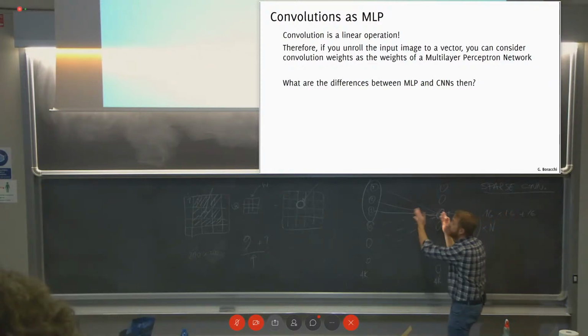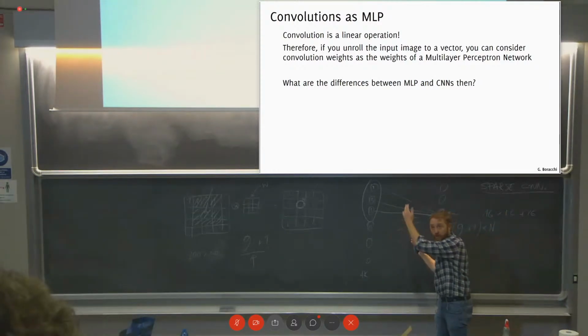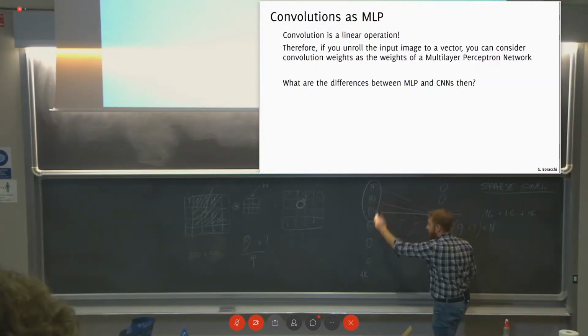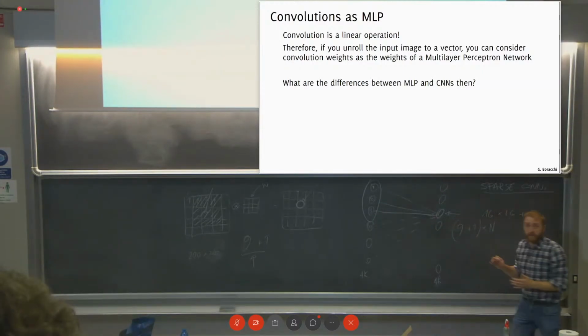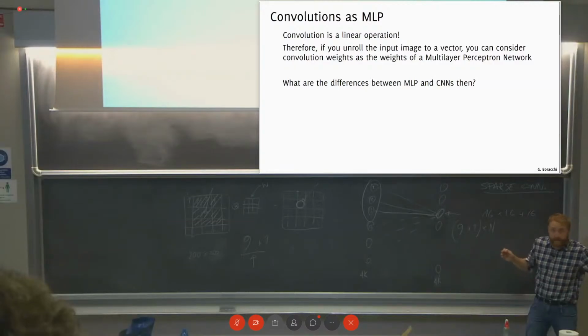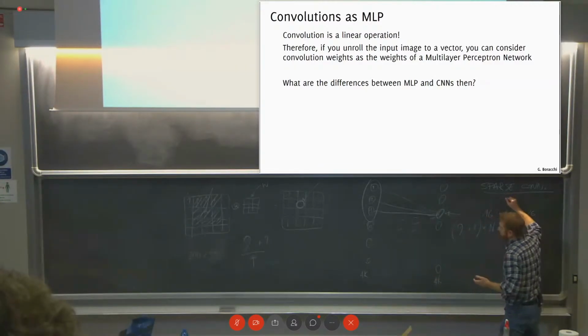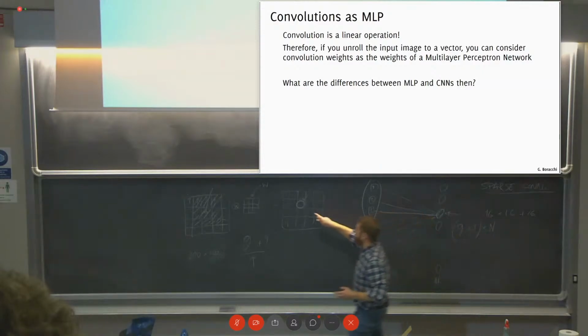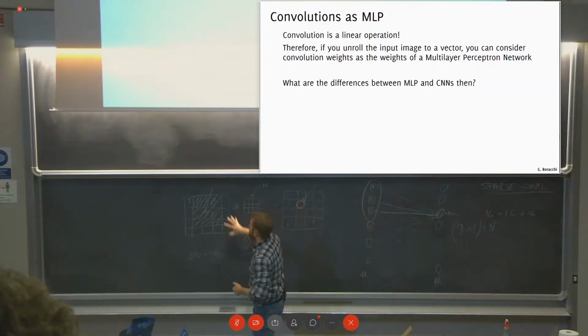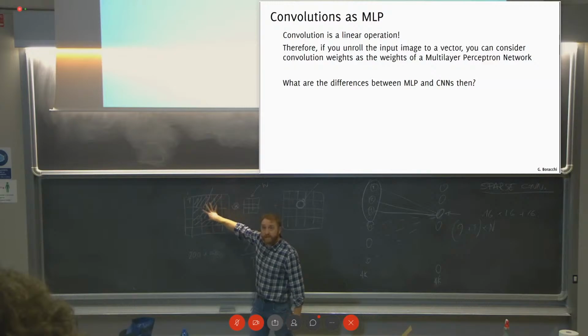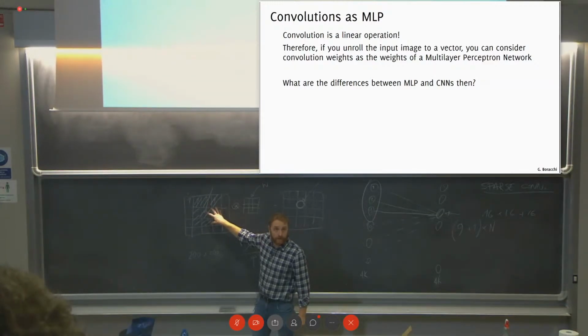We have seen that there are only few connections between each input layer and each output layer, correct? And this gives us the sparse connectivity, because what contributes to this output are only a few pixels in the input that are nearby, correct?